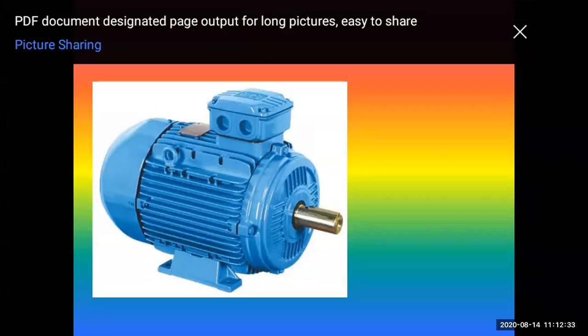It works on the principle that a current carrying conductor placed in a magnetic field experiences a force. That means if you keep a conductor through which current is passing in a magnetic field, it experiences a force. That is how the electric motor works.